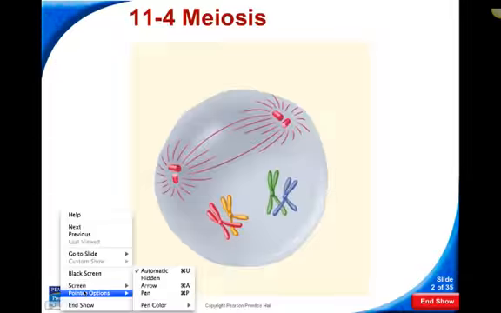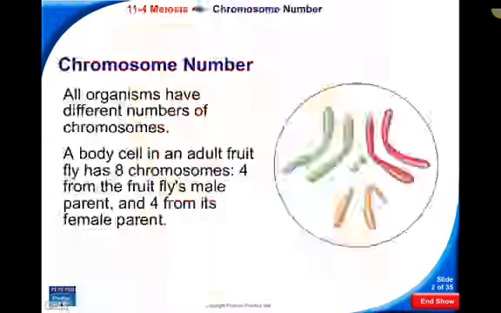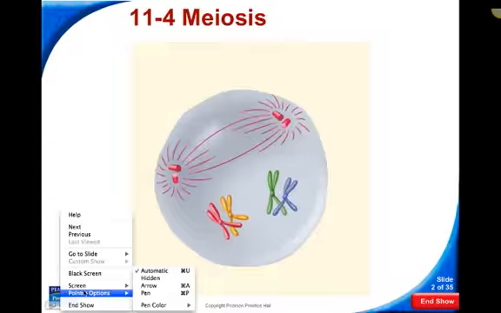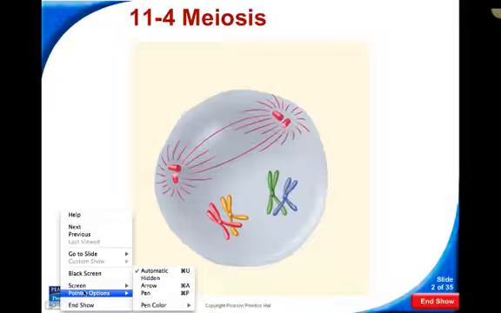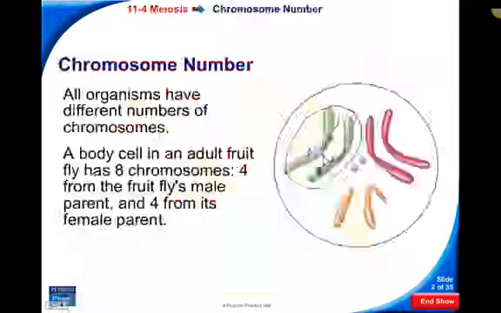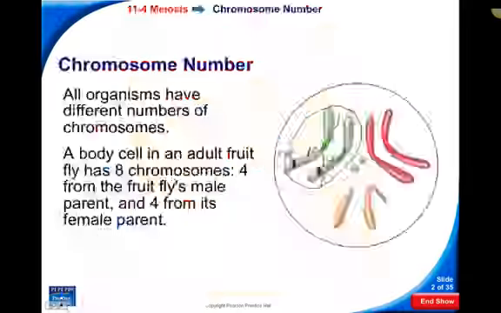Okay, these sets of chromosomes are homologous, meaning that this is one pair. One came from mom, one came from dad, but they are not identical. They have similar areas where different genes are found. So this could be where the eye color gene is found.